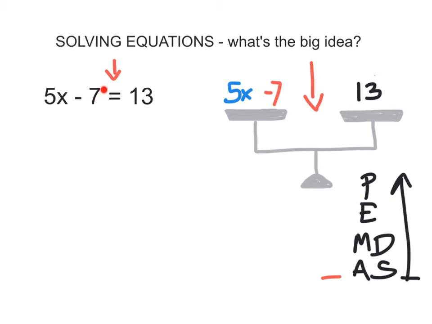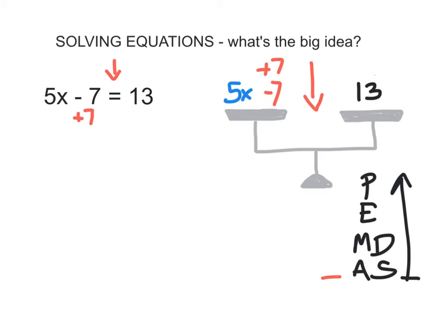Since -7, or subtracting 7, is going on here, we need to add 7. What we're trying to do is get rid of this -7 on this part of the balance. By adding 7 on this side, we've now made the scale unbalanced.